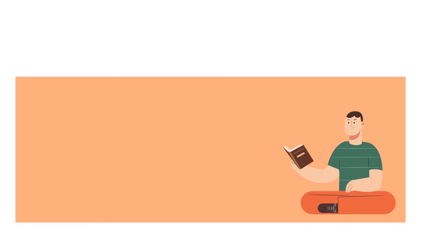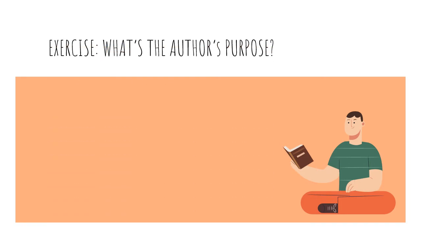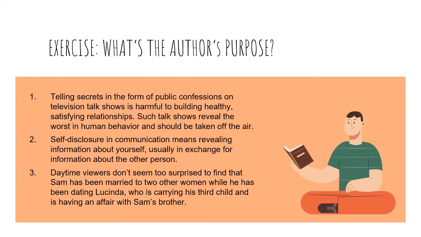Okay, to help you understand more about the author's purpose, let's do this exercise. The question is, what's the author's purpose? You can pause this video now to read these three short paragraphs.